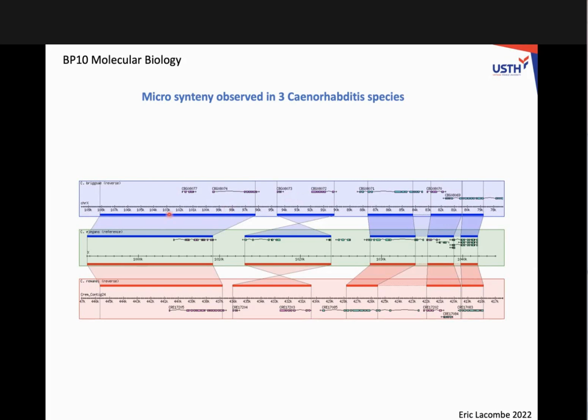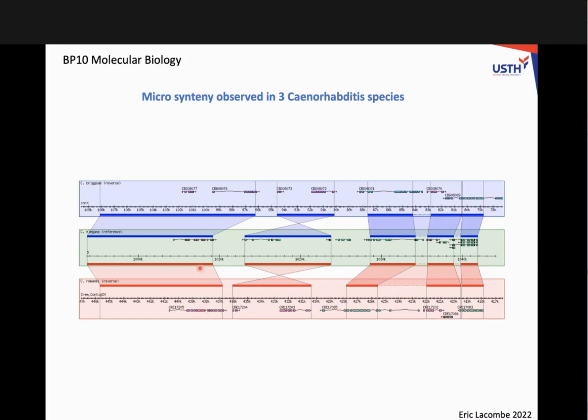Then if we go on a little bit further, we have this part of the genome, which is very similar in terms of sequence and orientation to this part in elegans, and the same for Remanei, exactly the same, and we find back the gene. So there is a strict correlation between elegans and Remanei sequence.